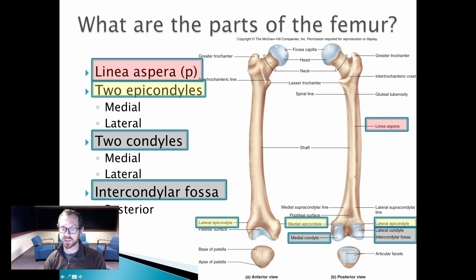And then finally, in between our two condyles where the tibia will articulate, there's a feature called the intercondylar fossa. And if we just break this down, inter means between. Between what? Our two condyles. And then fossa means it's a depression. So what this means is there's this little depression between our two condyles here.